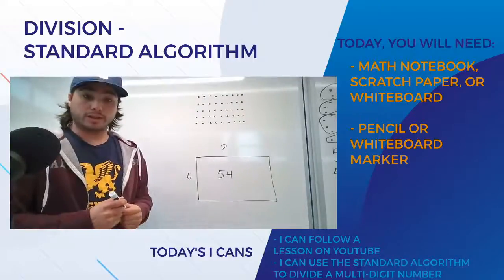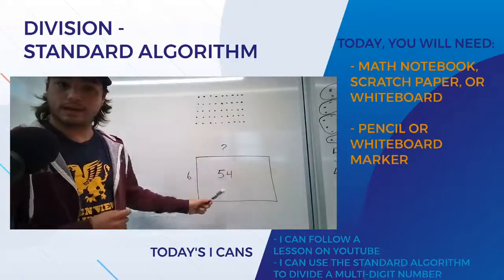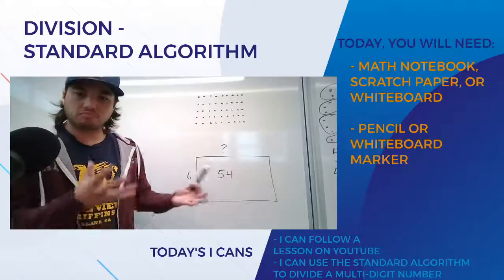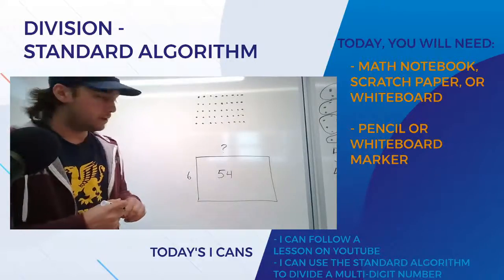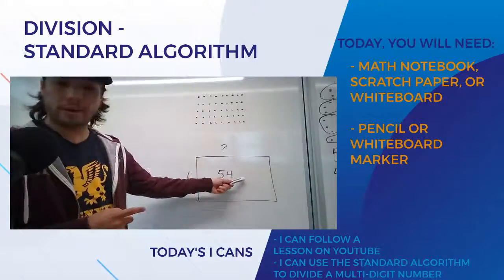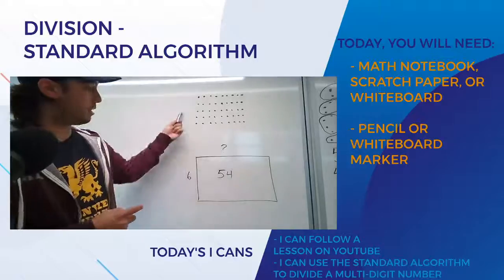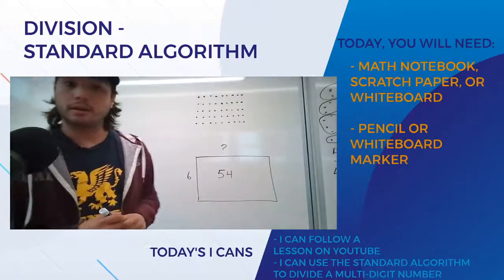We used it for multiplication last time, right? With our 9 on the top, 6 on the side, and then we figured out our total in the middle. With division, it's a similar process because, again, they're inverse operations. They're related. So 54 is our total area. 6 is the number of rows. And then we want to figure out what's on top.